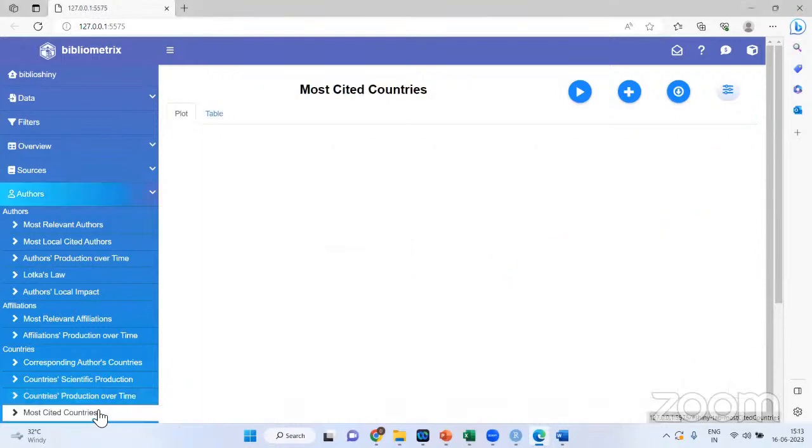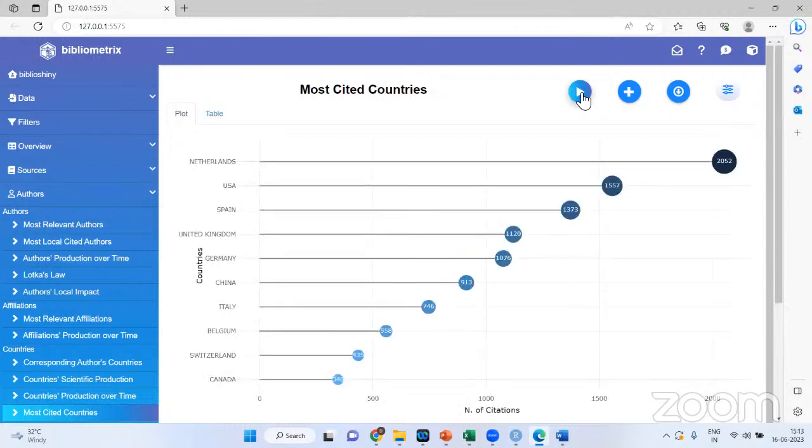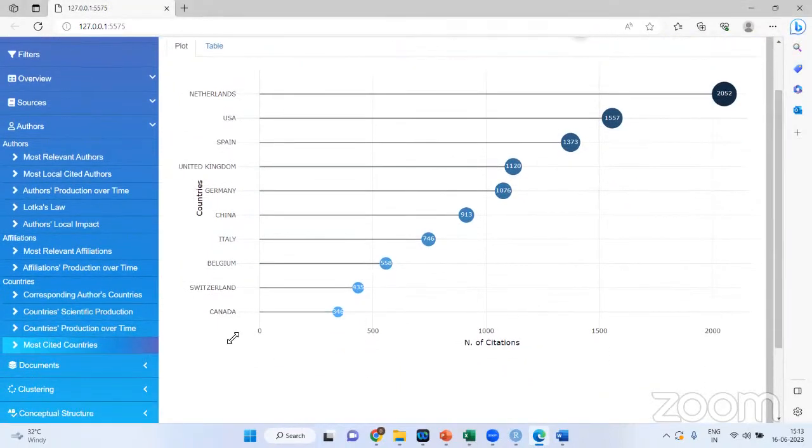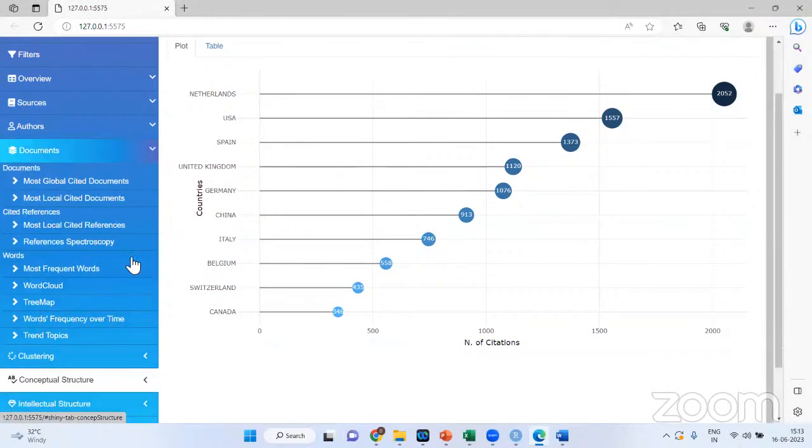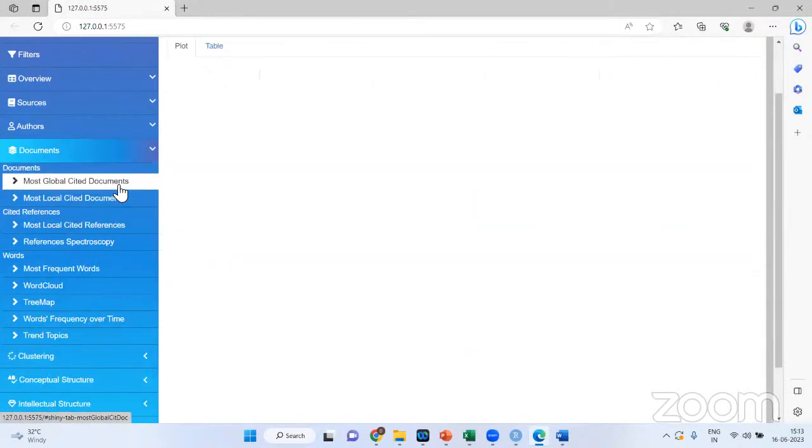Which are the countries which are most cited? Got the output? Kindly confirm. Now comes the documents. Most global cited documents.